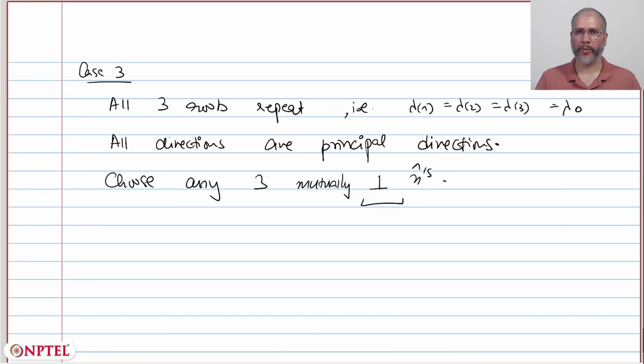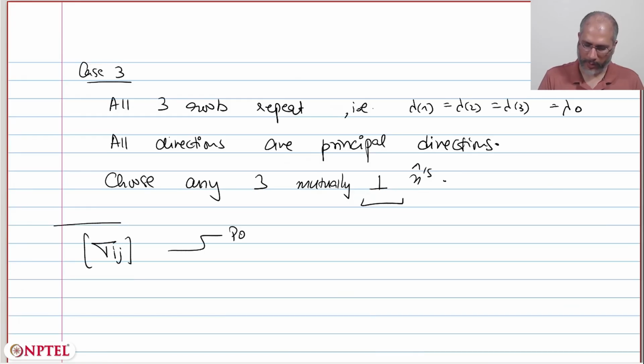Just one more fact before we close the lecture: if all the principal values of sigma ij, that is, all the lambdas, are positive, we call the sigma, the tensor that we are evaluating, positive definite. So sigma ij is called a positive definite matrix or a positive definite tensor if all lambdas are greater than 0.